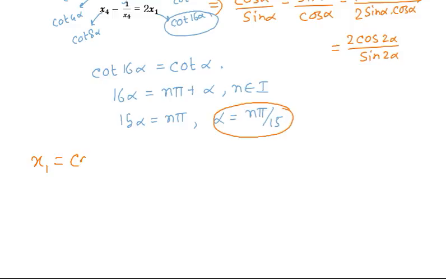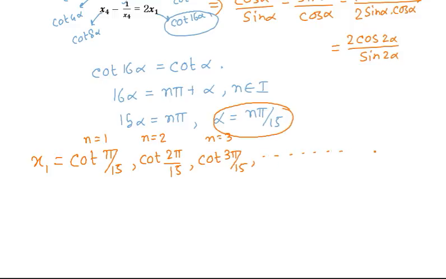The corresponding value of x1 will be cot pi by 15 for n equal to 1. Similarly, for n equal to 2, the value of x1 will be cot 2 pi by 15. For n equal to 3, alpha is 3 pi by 15, so x1 is cot 3 pi by 15.